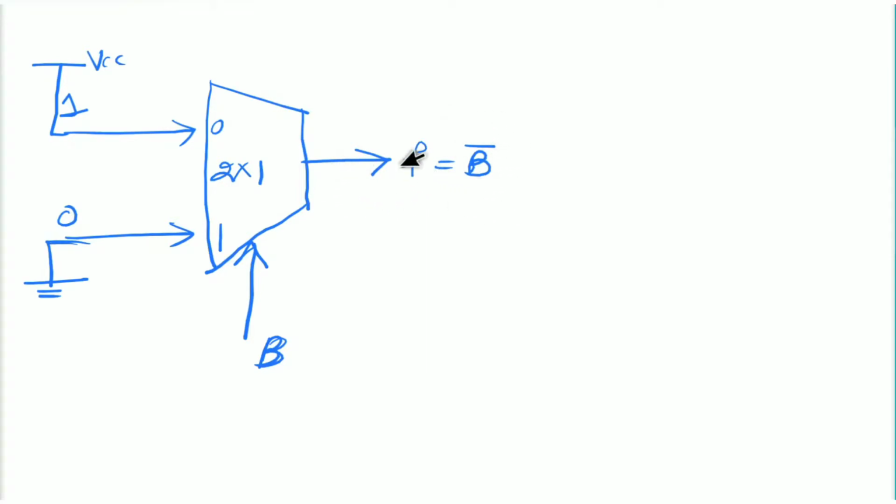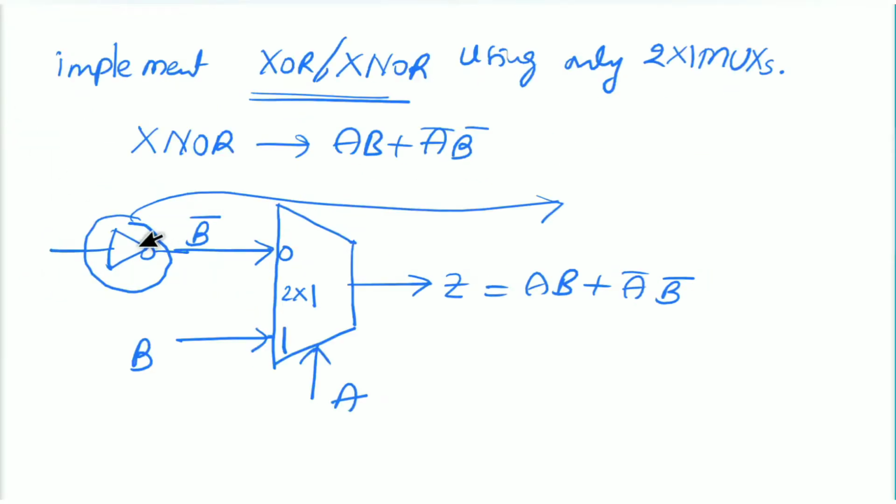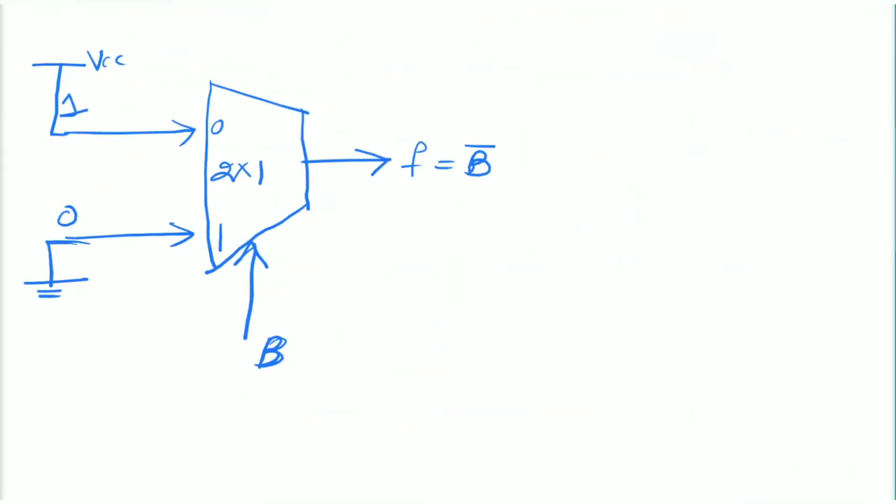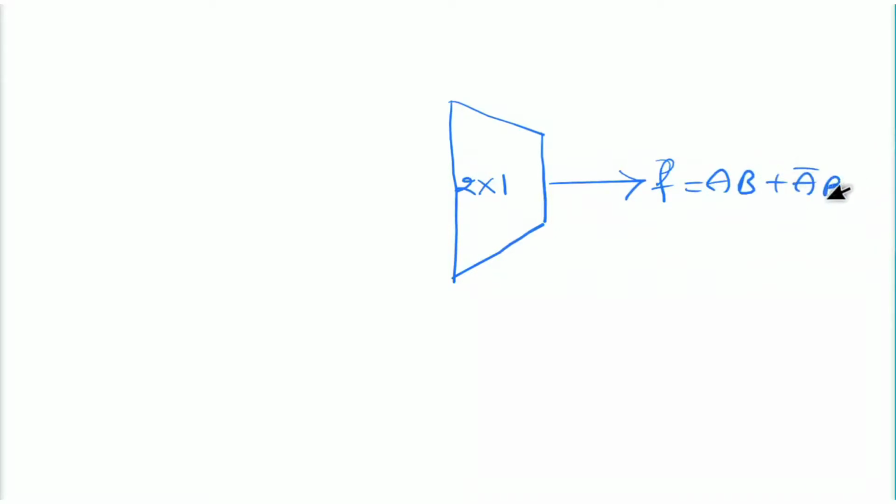So now you need to replace the previous NOT gate with the circuit of the NOT gate using a 2:1 mux that I just showed. Let me complete that. Final expression, final circuit. This is a 2:1 mux. This is F equal to AB plus A bar B bar.